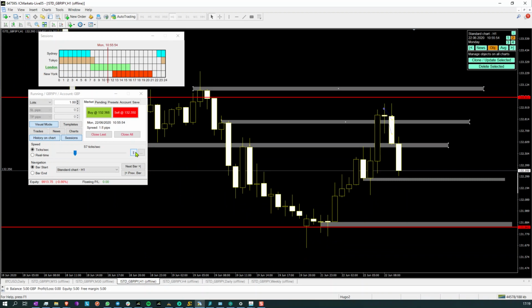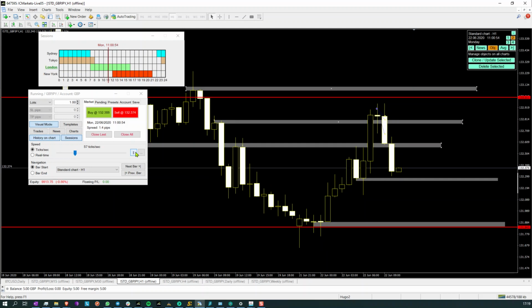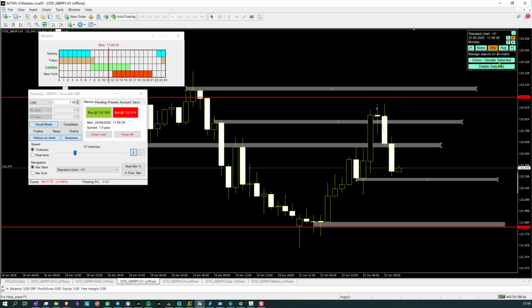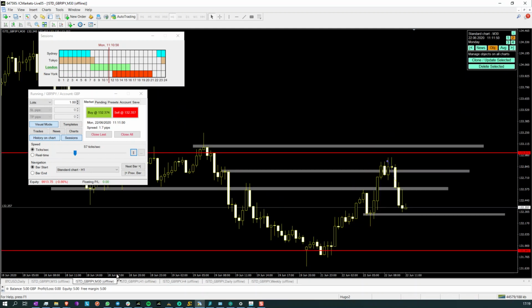Okay, we are about to close the 1 hour, 5 minutes to go. We need a candle to close below this zone. We need this 30 minutes to close somewhere here.